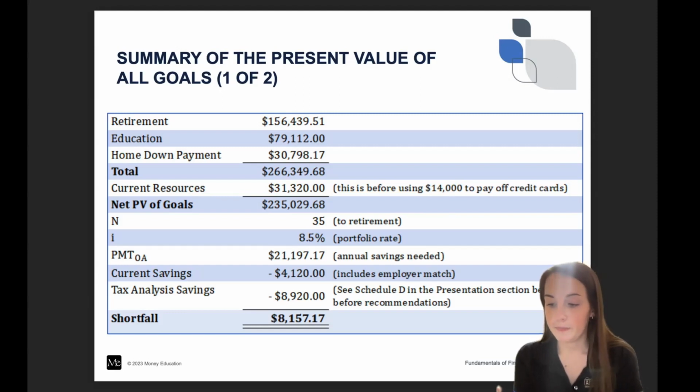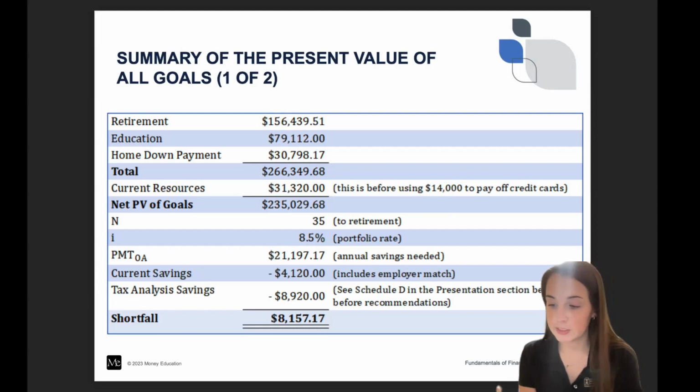But if we decrease the wage replacement ratio, which is currently at 100%, to 70 to 75% with the savings that we just stated, and the increase in 401k plans, this would reduce the present value that you need for retirement, which is up here, the $156,000.